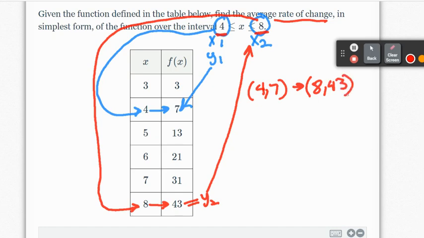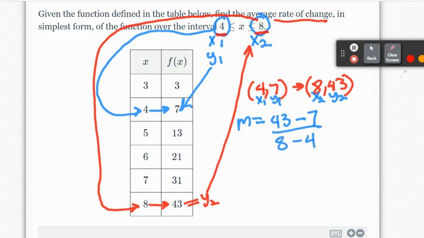So if you snag your coordinates, then it's just a matter of doing the algebra 1 thing of slope, y2 minus y1 over x2 minus x1. So let's do that. M equals, let me write underneath here, x1, y1, x2, y2. So slope is y2, which is 43, minus y1, which is 7, divided by 8 minus 4.